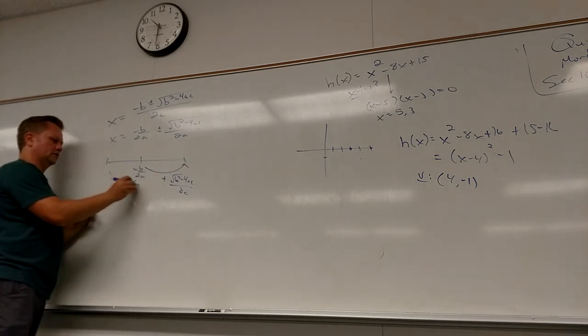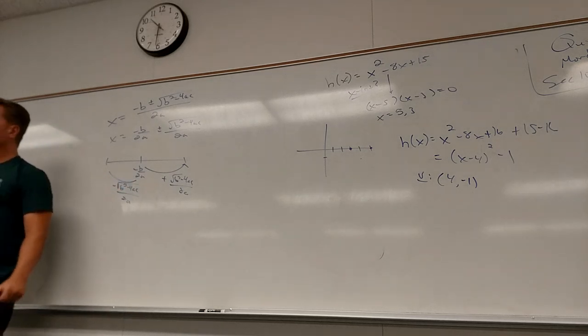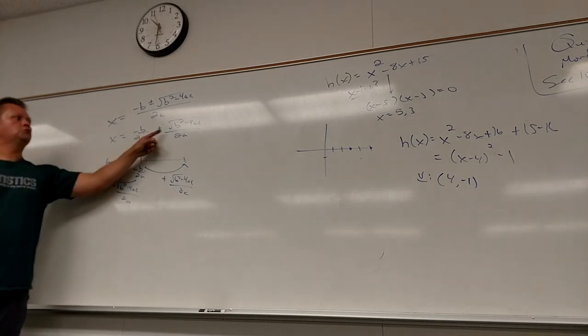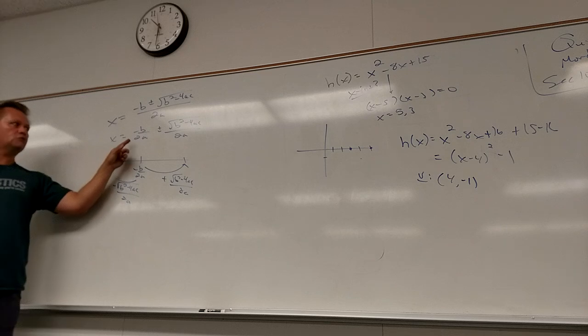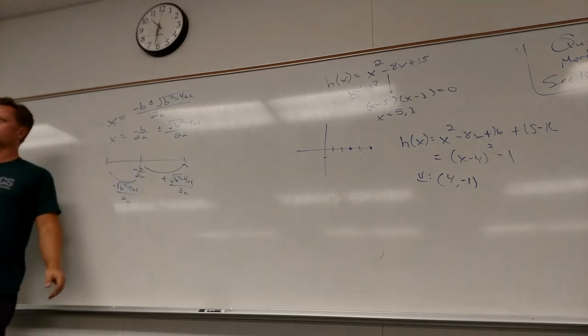Do you guys see that? No? Yes. Please tell me you do, because it's right there. Start here and go up that much, start here and go down that much. So what is right in the middle of those two intercepts then?